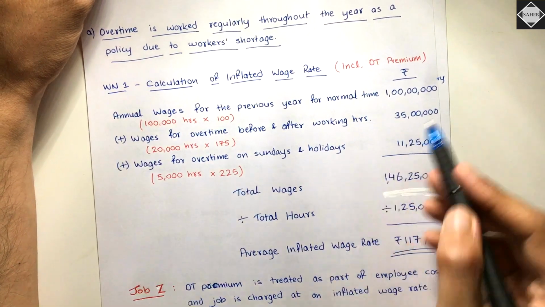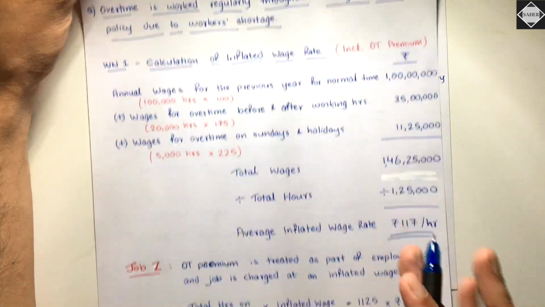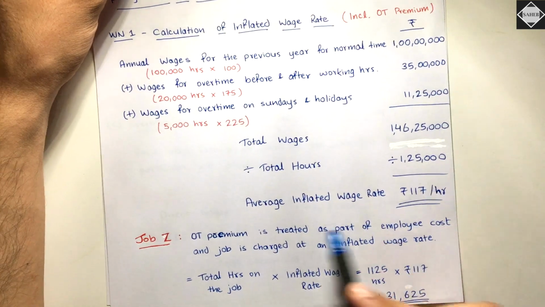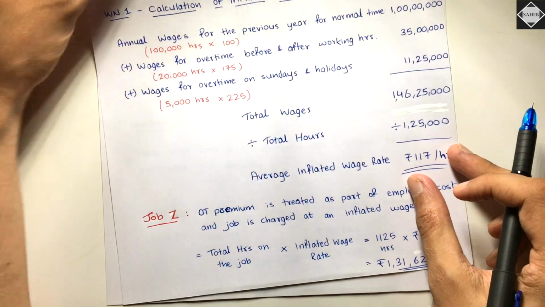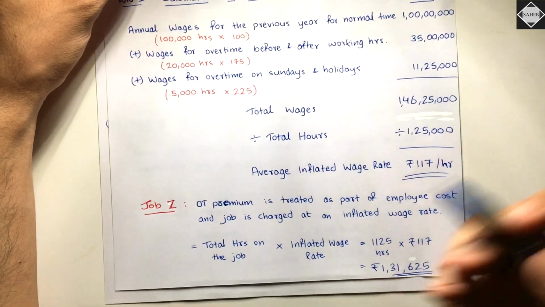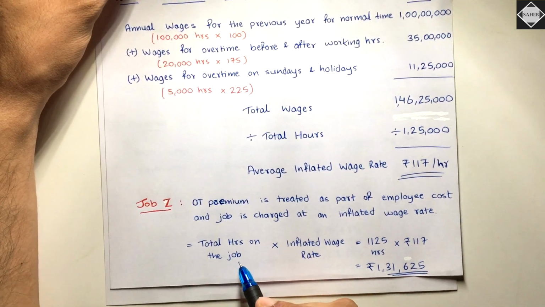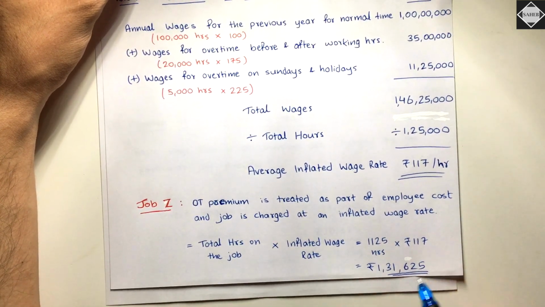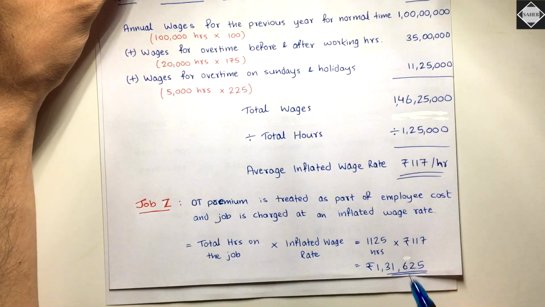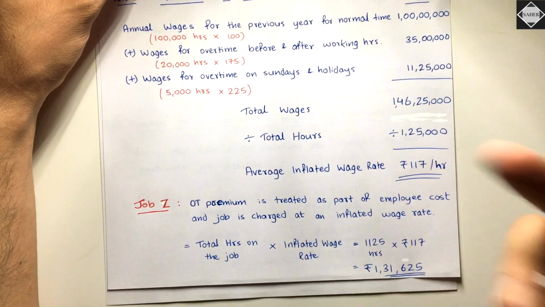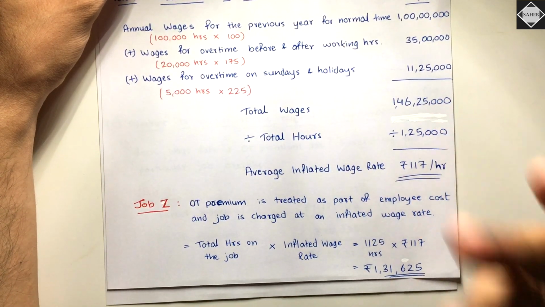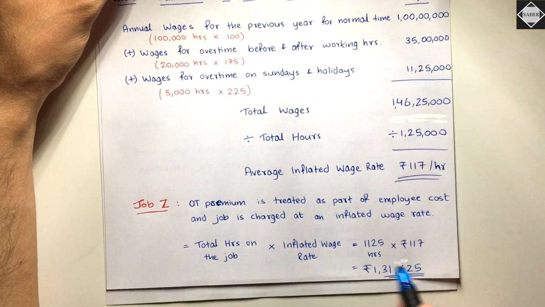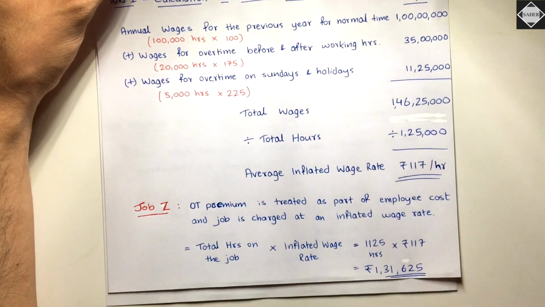From the previous year, we take the hours, multiply with the current rates, and divide by total hours, and we get the average inflated wage rate. Multiply this with the hours that you have actually put in total on the job. When you multiply, everything will be calculated together. Pure normal, OT normal element, as well as the OT premium, everything will be included in this 1,31,625.